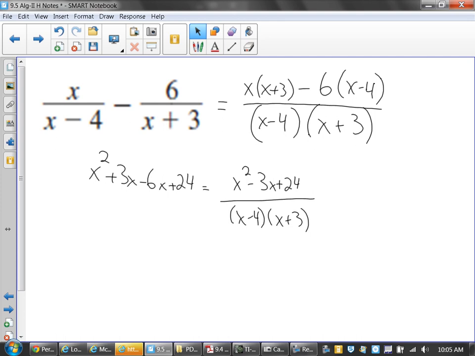Again, to get to 24 and 3, see 2, 12, 3, 8, 6, and 4, and I can't factor. And I'm done. You're still doing the same process of the longer drawn out style, but it's just a little bit quicker.